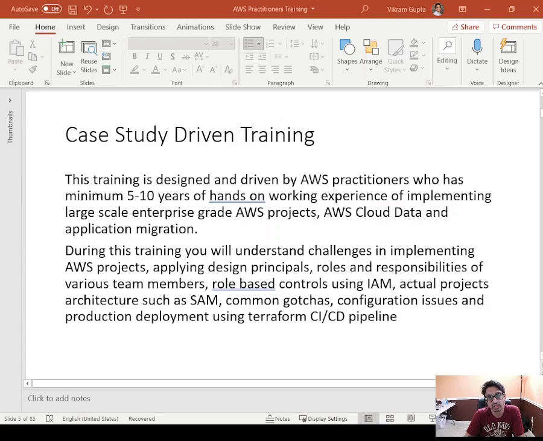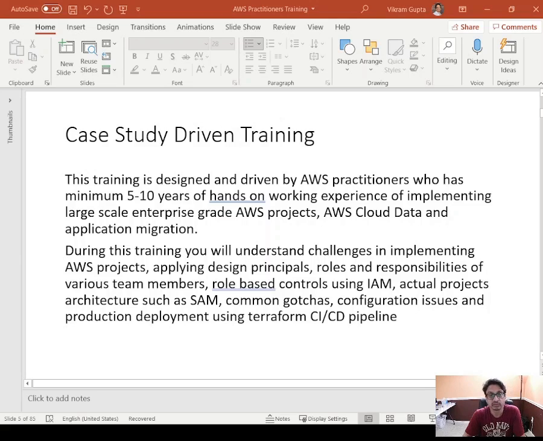So during this training, you will understand challenges in implementing AWS projects, applying design principles such as reliability, performance, scalability, security, and roles and responsibilities of various team members. For example, were you playing a role of a DevOps, or were you playing a role of a developer writing the Python code, or were you the one who was designing the AWS services, right?